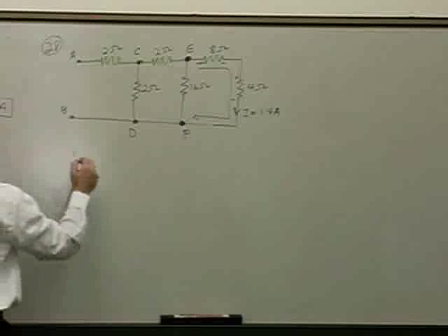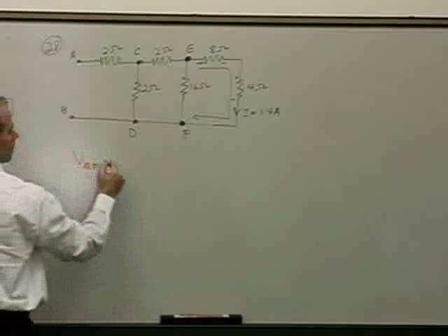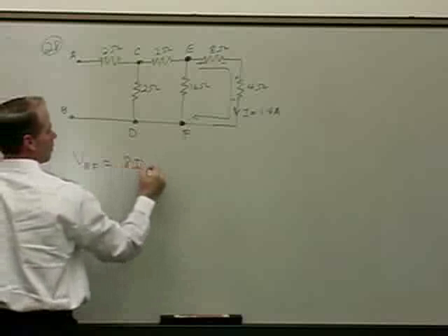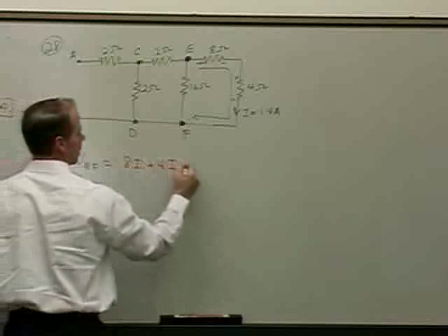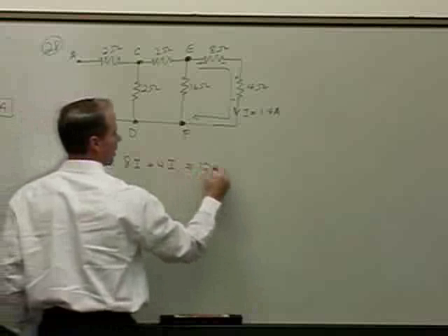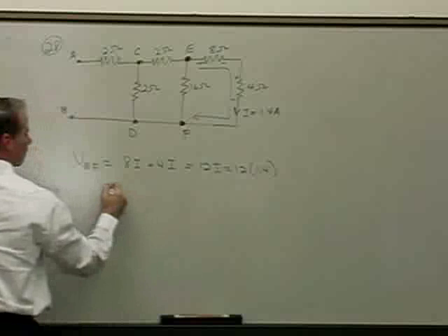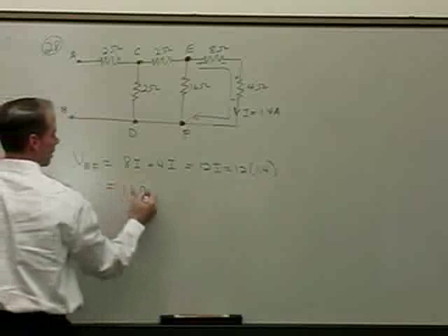So the voltage between E and F is equal to 8I plus 4I. So it's going to be 12I, or 12 times 1.4, which would be 16.8 volts.